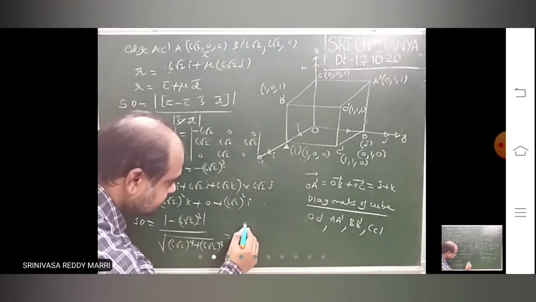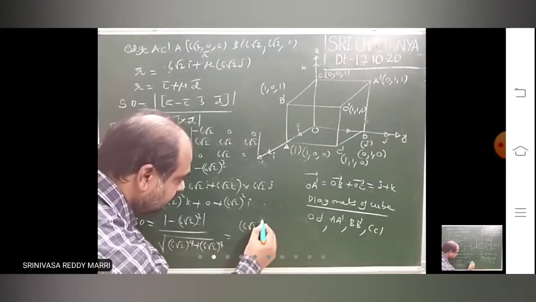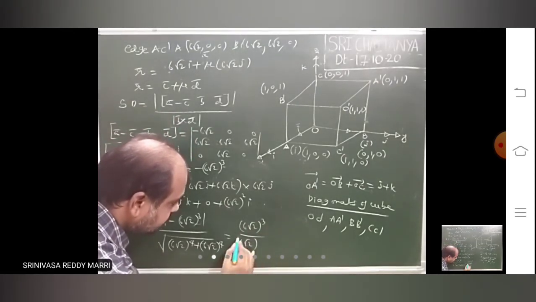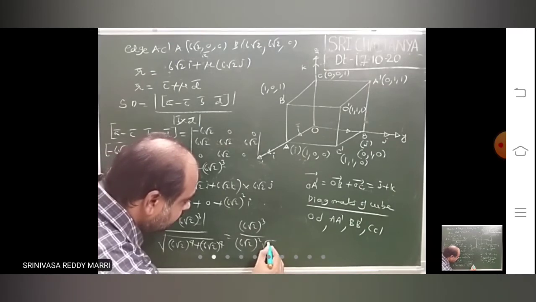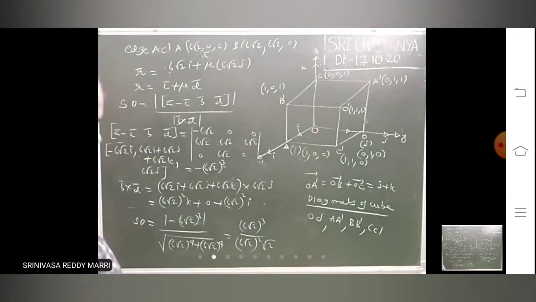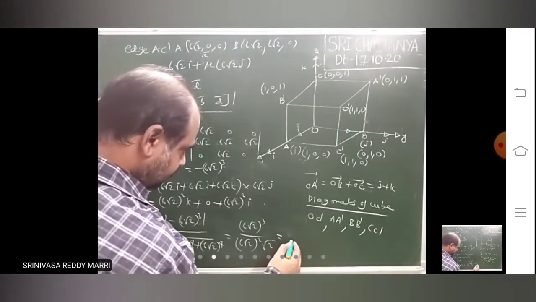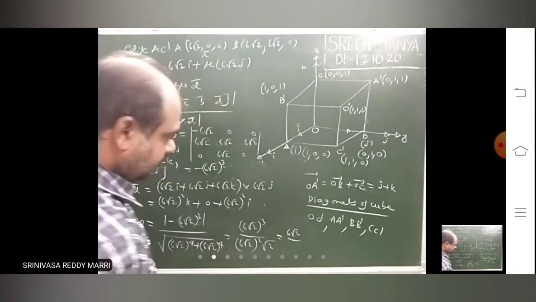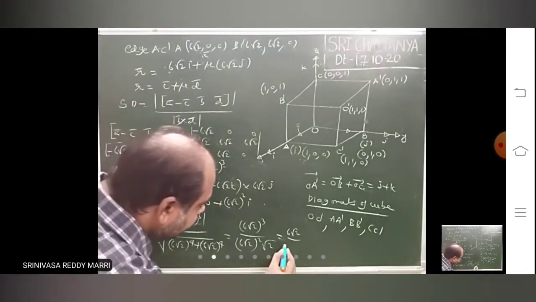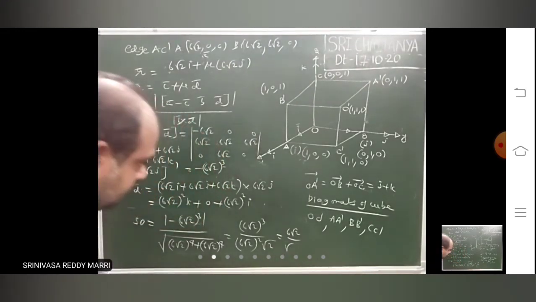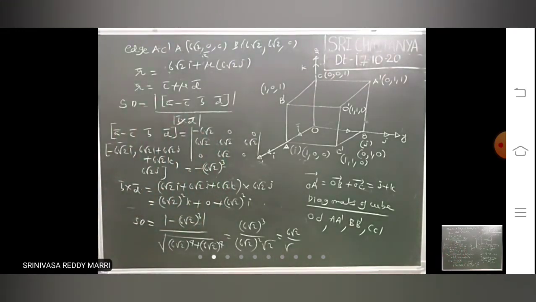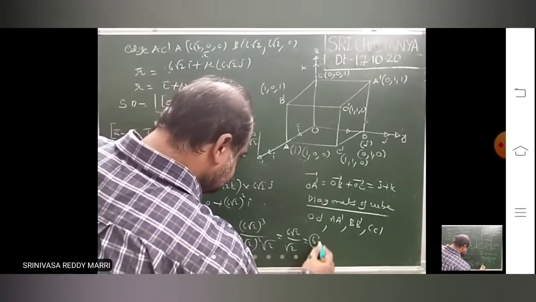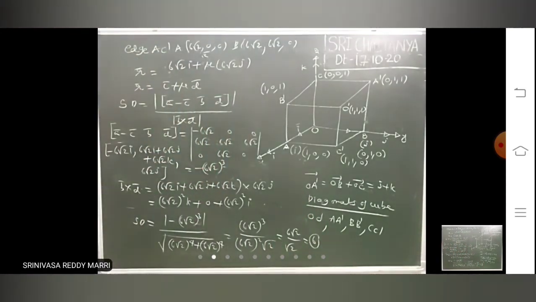That means this is 6 root 2 whole cube divided by 6 root 2 whole square you write outside into root 2. So that means what you will get 6 root 2 divided by root 2. That means 6 is the answer. That is the one. 6 is the answer.